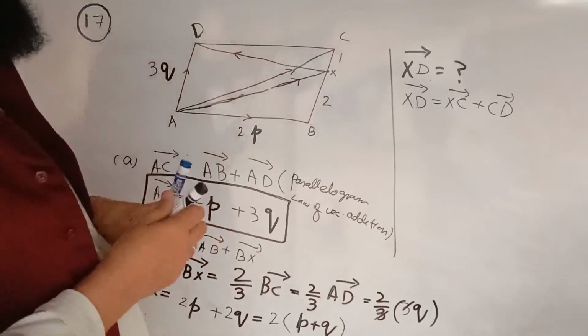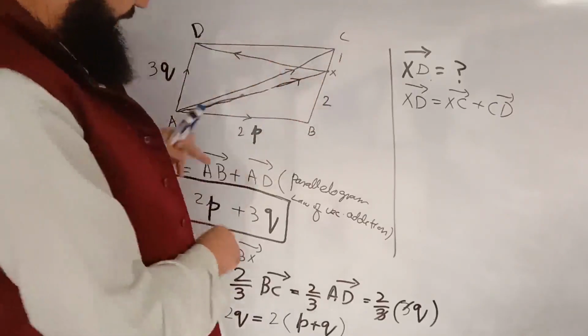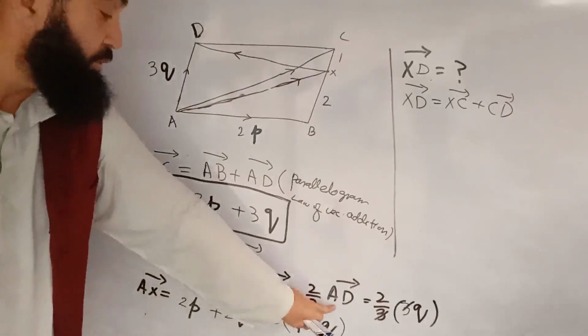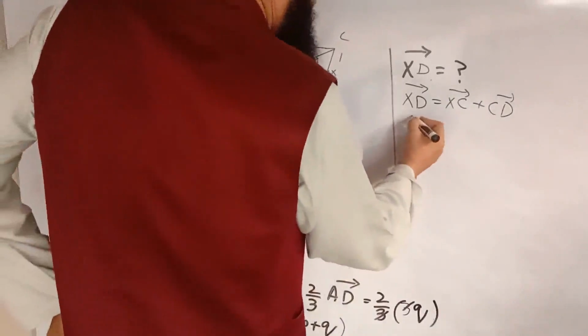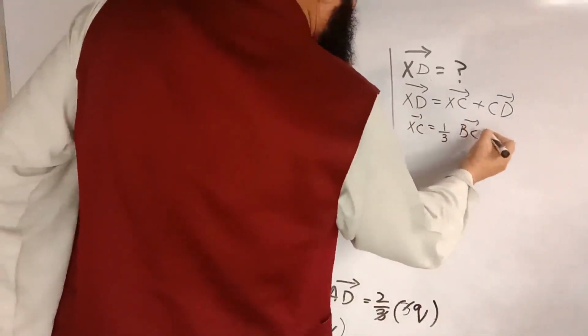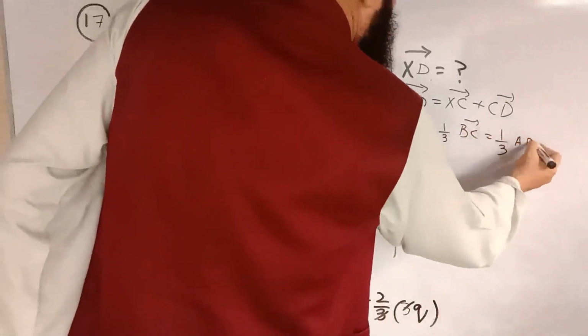Now XC is what? XC is 1/3 of again BC, and BC is again equal to AD. So I write it here. Now XC is 1/3 of BC, which is 1/3 of actually AD.